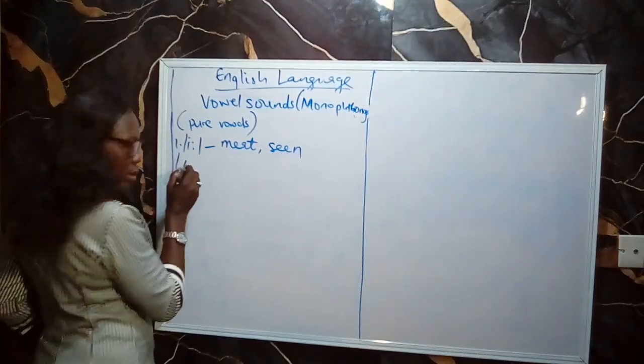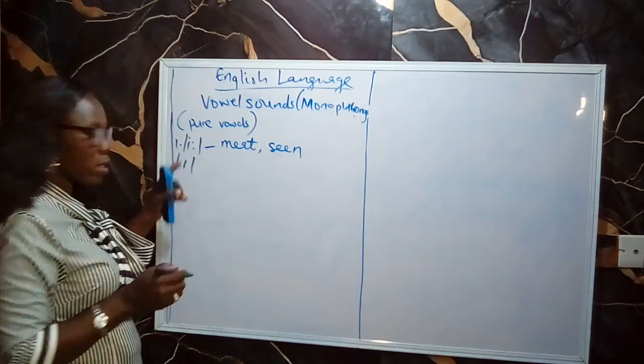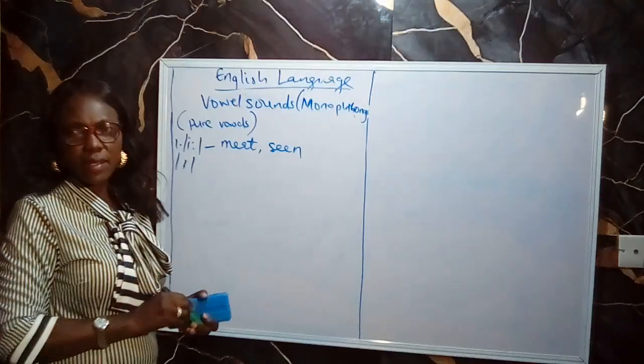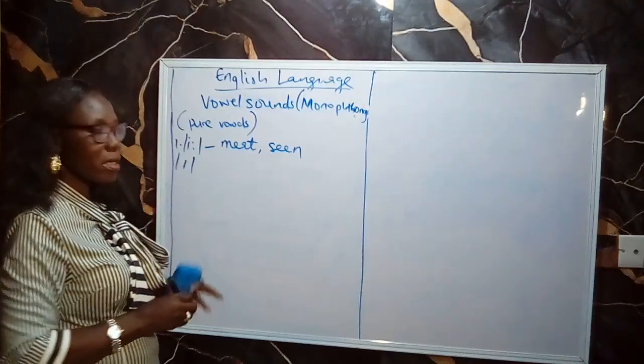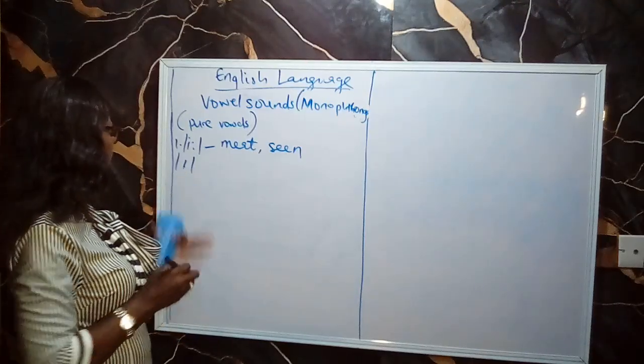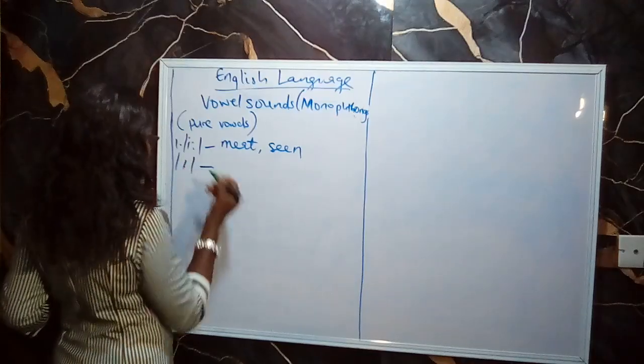Then the second one is the short form of this. Please, anytime you see two dots after a vowel sound, that sound is a long vowel sound. So this is the long one, while this one is the short one.